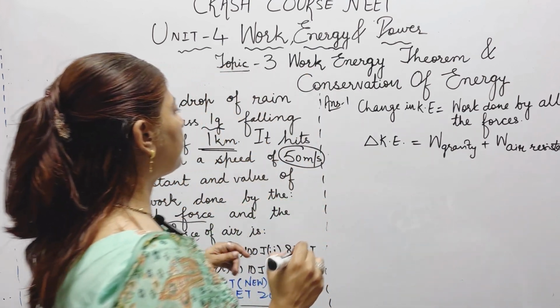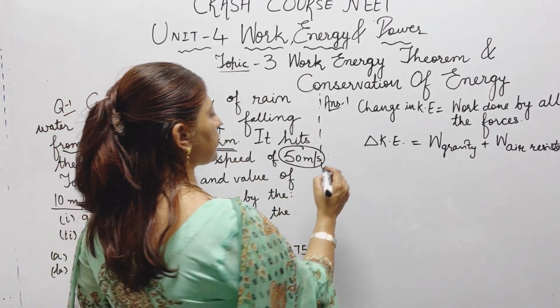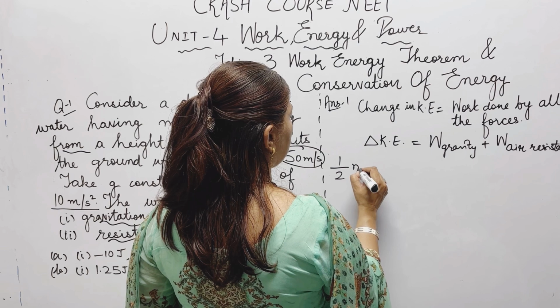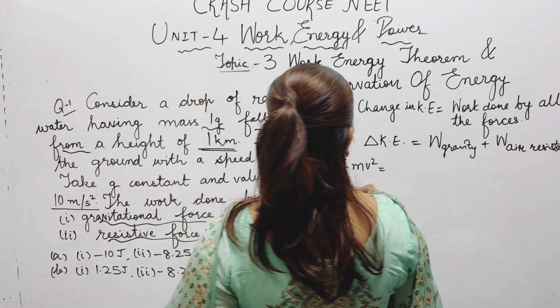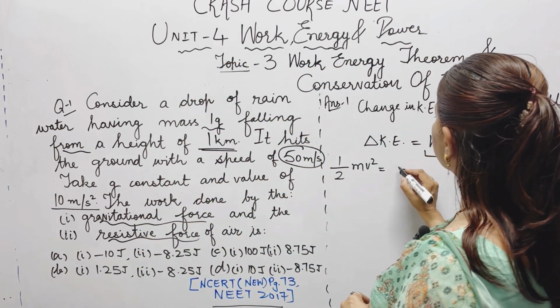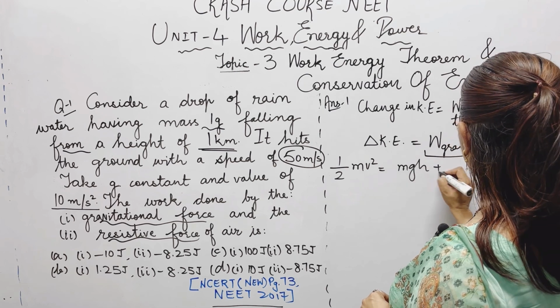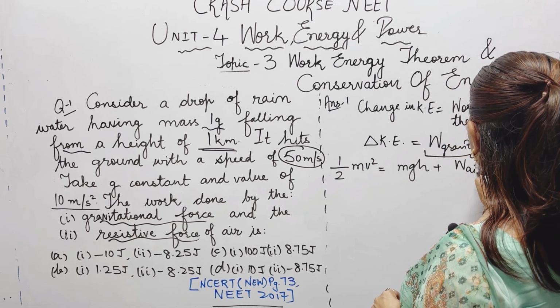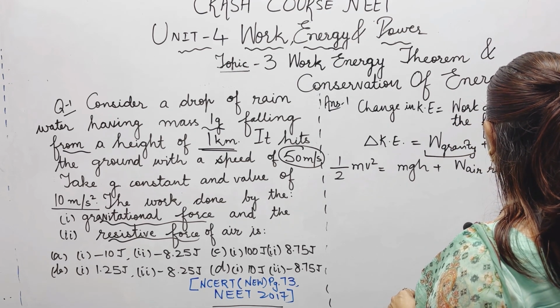If we put in the values, the kinetic energy change is given by half mv square. The work done because of gravity is mgh, and the work done by air resistance is not given; this we are going to find out.